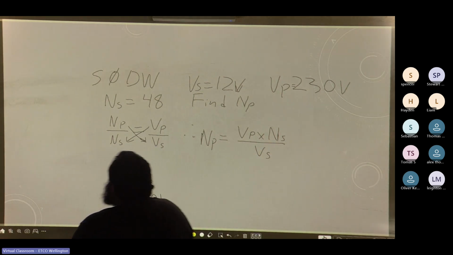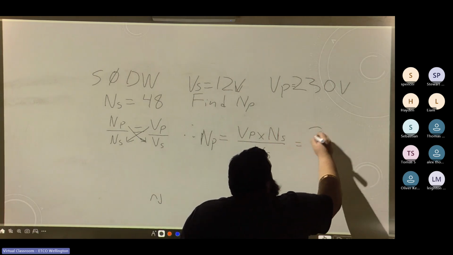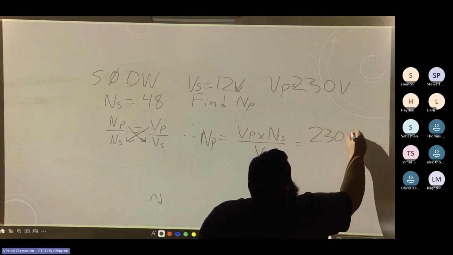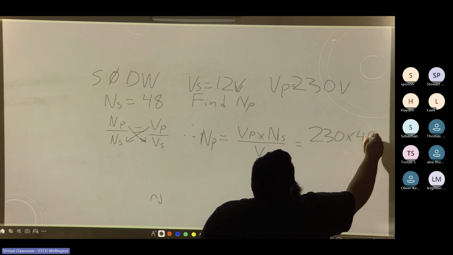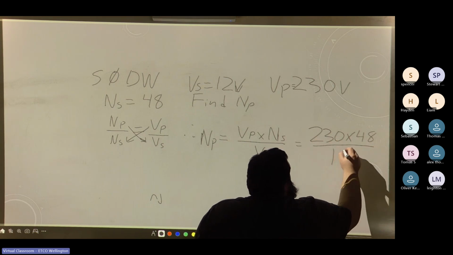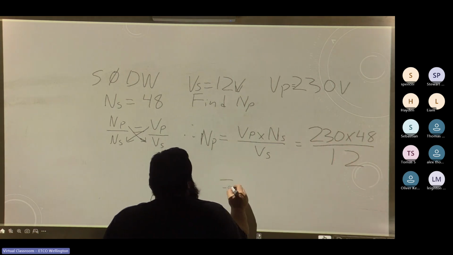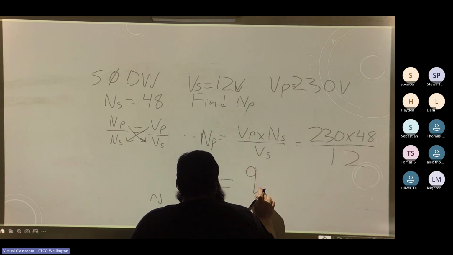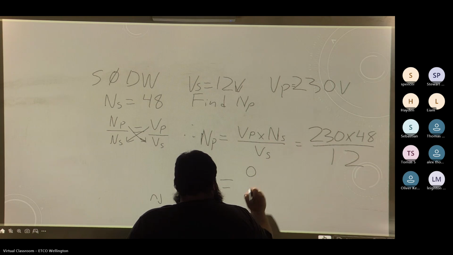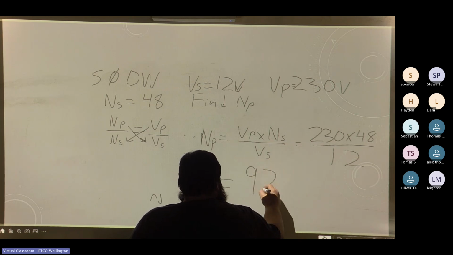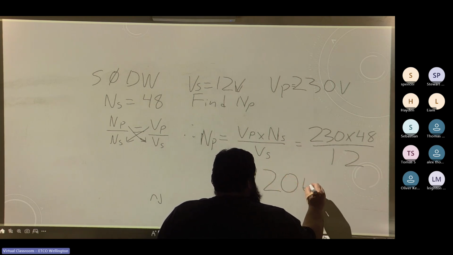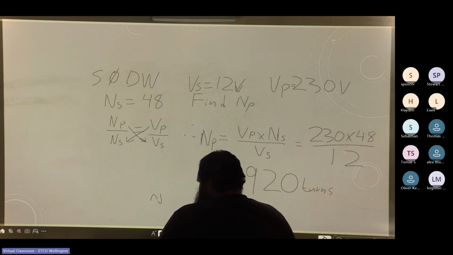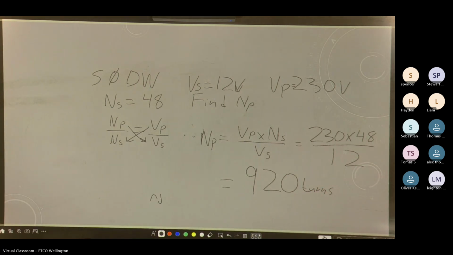Cool, which is going to give us 230 times 48 divided by 12, which gives us 920 turns. Yeah, that's how you would do that one.